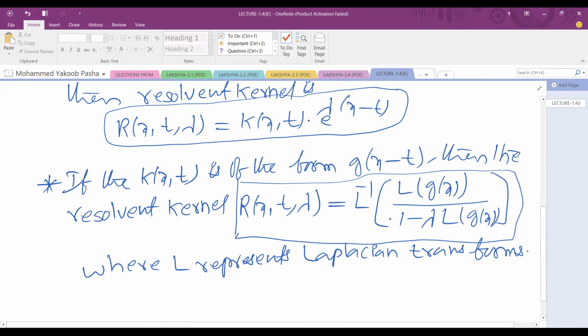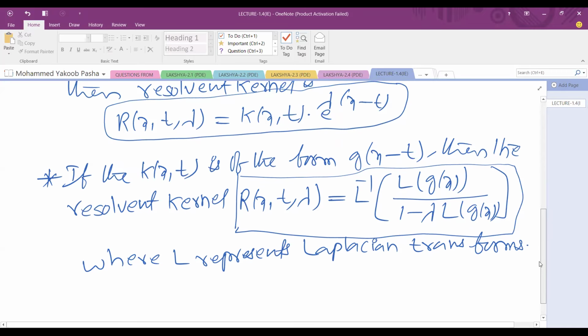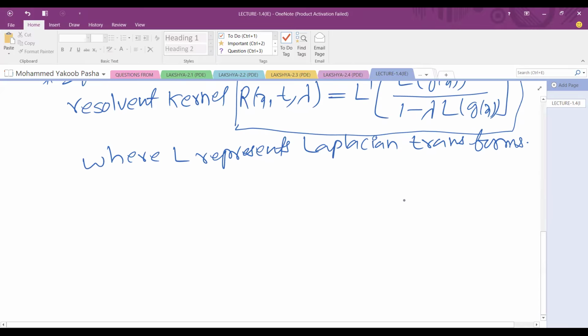I will share the formulas in your WhatsApp group, and right now I will show the formulas.